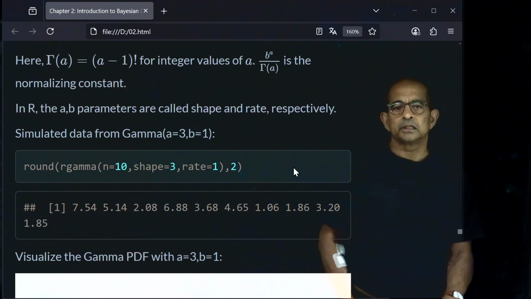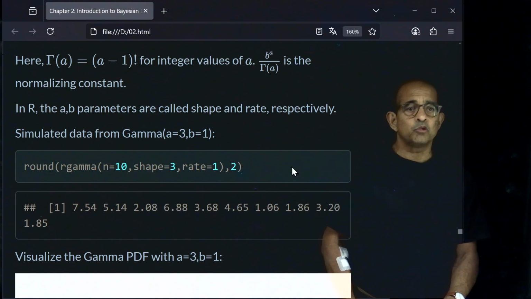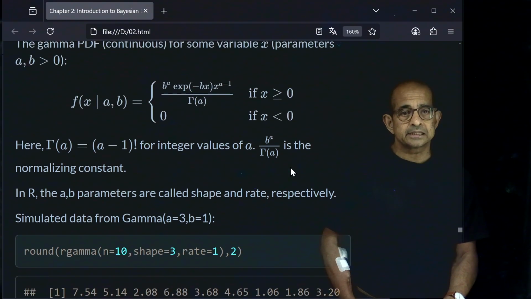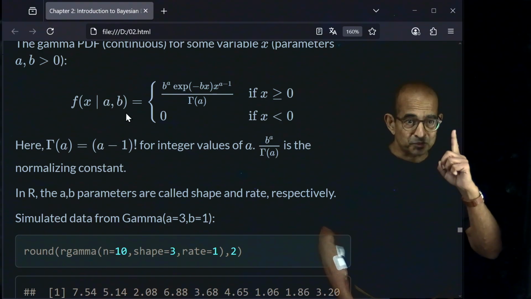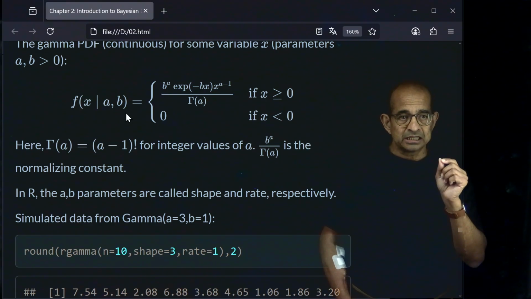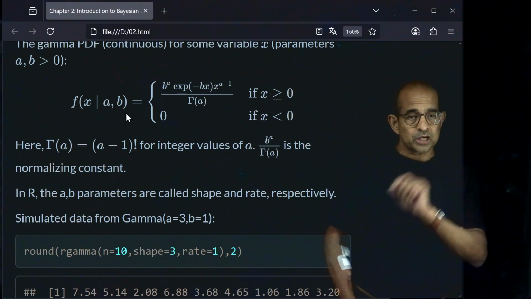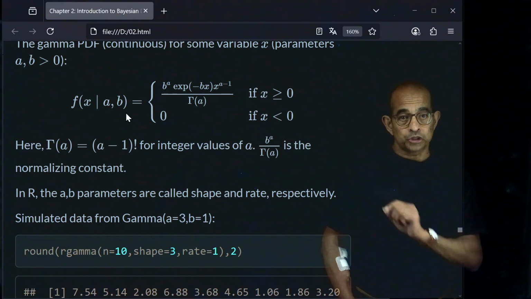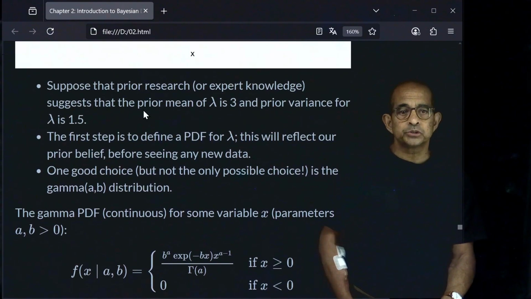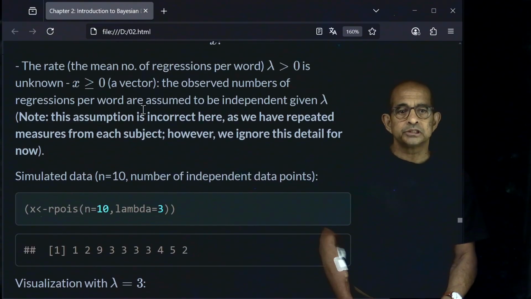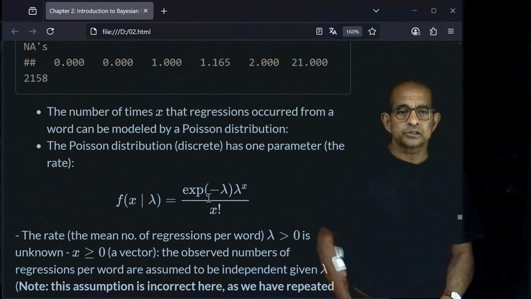how this would work. First I want to show you how to visualize the gamma distribution, and then I'm going to show you how I'm going to derive the A and B hyperparameters that will determine the prior distribution on the lambda parameter that goes into this Poisson distribution. So remember, this is my likelihood. The goal I'm trying to achieve here is to figure out a prior for lambda.